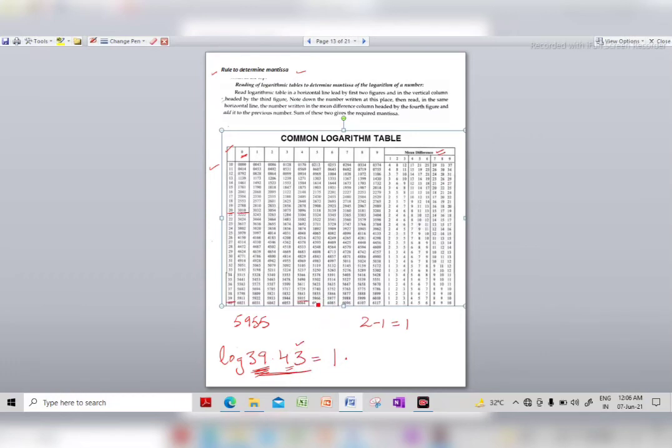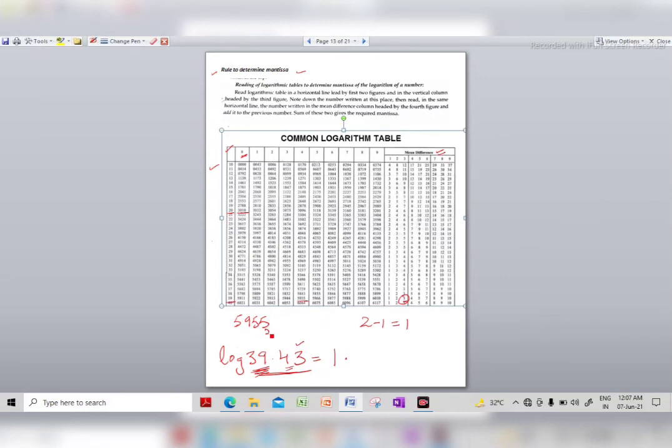It means now we have to use the last column of mean difference also, and we go to the column of value 3. So straight horizontally, in the column of 3 we have the value 3. This is the value of the mean difference, that is 3, and this value is to be added to the value which we found earlier, which is 5955.